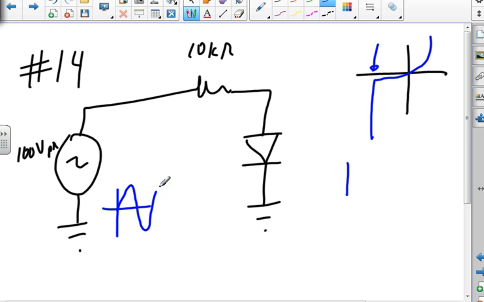My power supply goes up, my power supply goes down. The peak voltage is 100 volts, so I go up to 100, I go down to minus 100. Okay, so the first thought would be voltage reverse peak. Is that what it is? Minimum required peak reverse voltage.